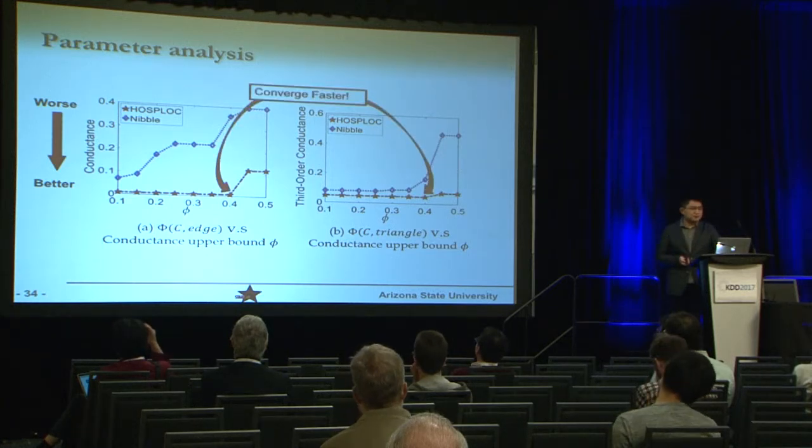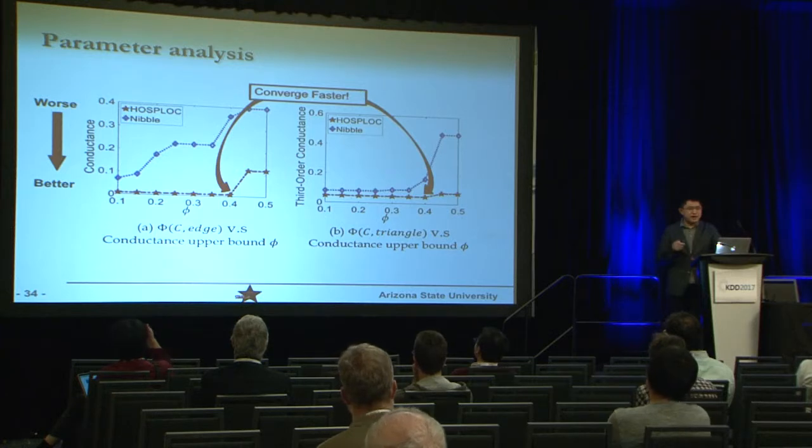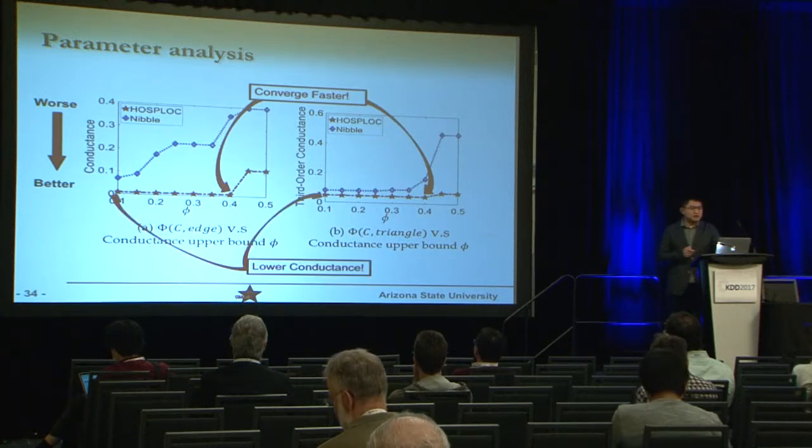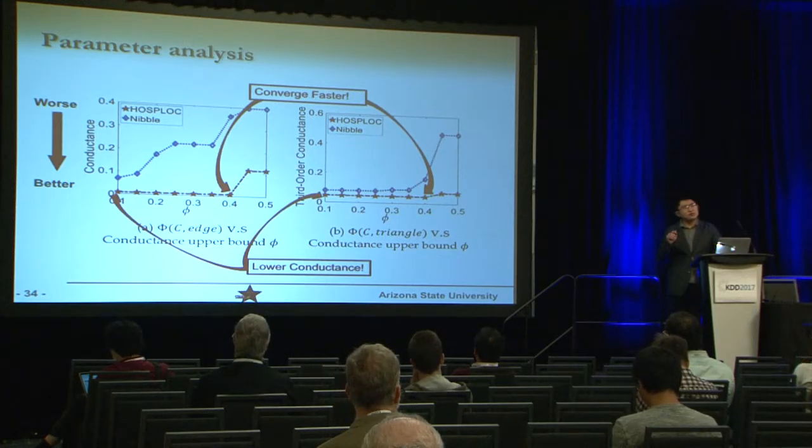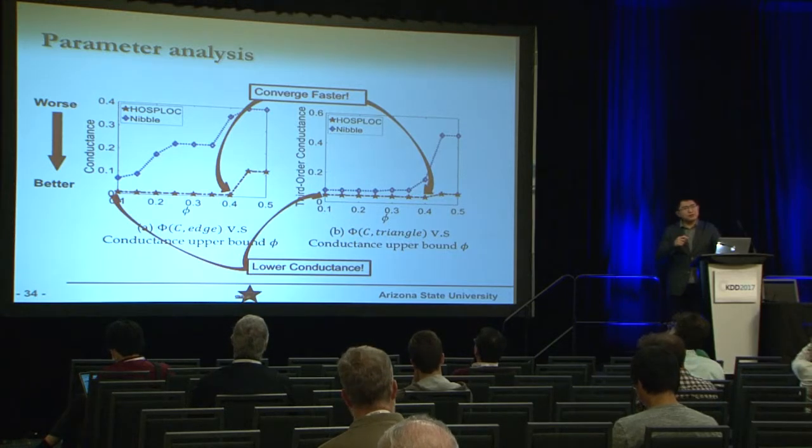We have two observations. The first one is that our algorithm converges faster than Nibble, even with a very loose upper bound. Another observation is that our algorithm always performs better. I think a simple guess is that our algorithm is more able to explore the high-order structures, which makes the cluster more compact and dense.